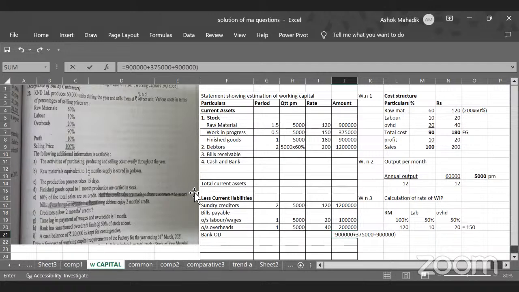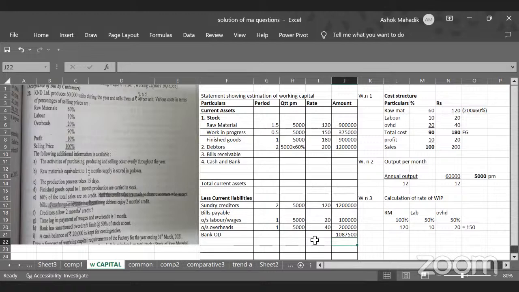You put this much in the bracket, so I have to apply the percentage to all of them, so I put a bracket into 50%, that is 0.5. I'm getting a current liability of bank OD of 10,87,500.